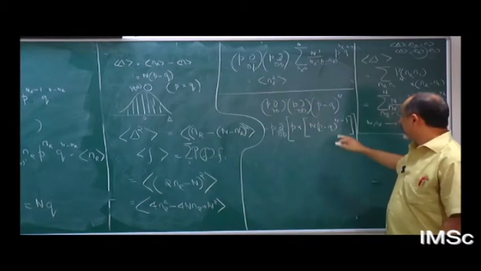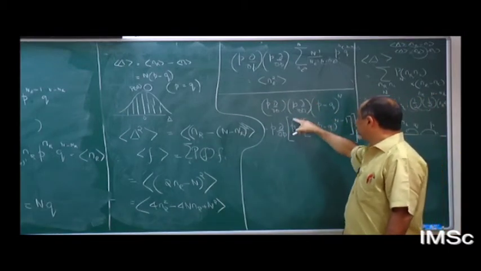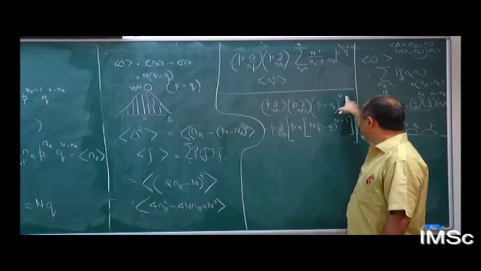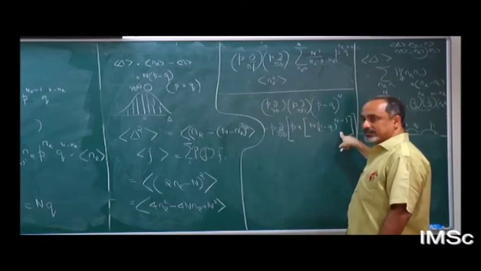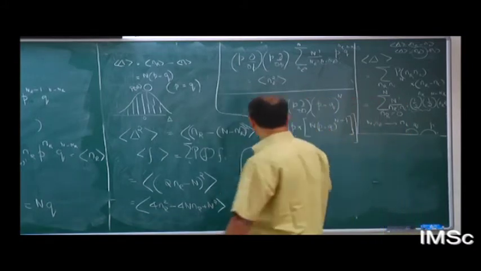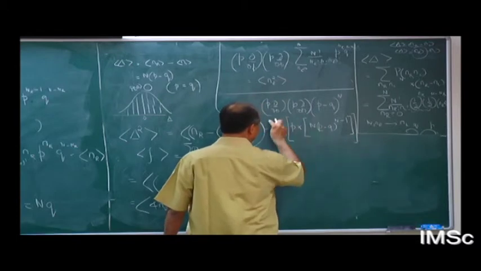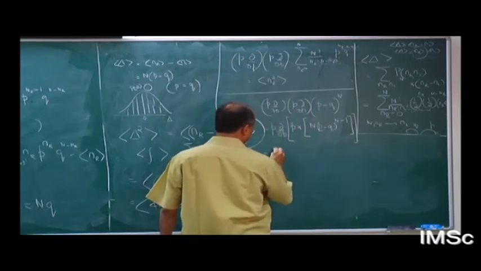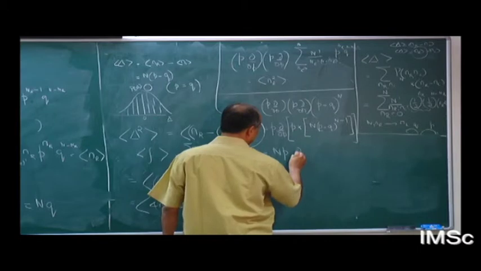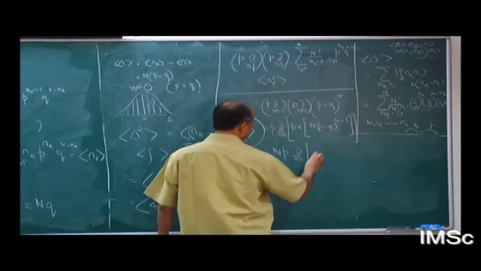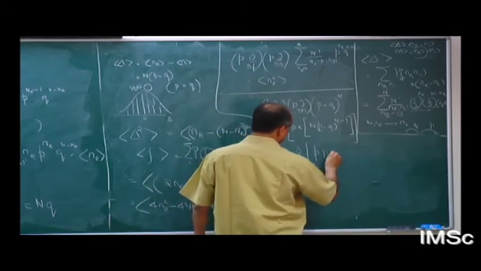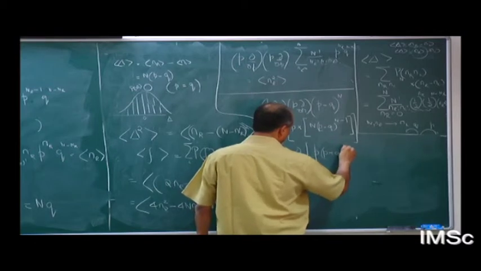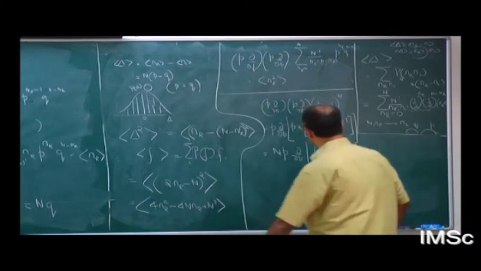I've just pulled this p out here, left it there, delta by delta p operating on this is n (p plus q) to the power n minus 1, which is now I can take the n out because nothing multiplies that. This is n outside, p outside, delta by delta p of p into (p plus q) to the power n minus 1. Did you see that?